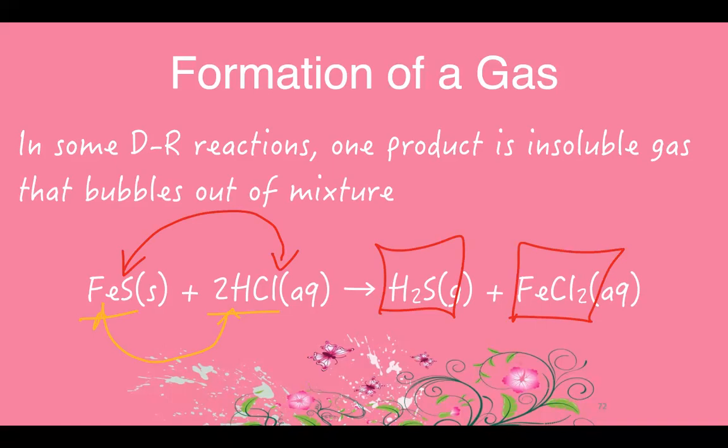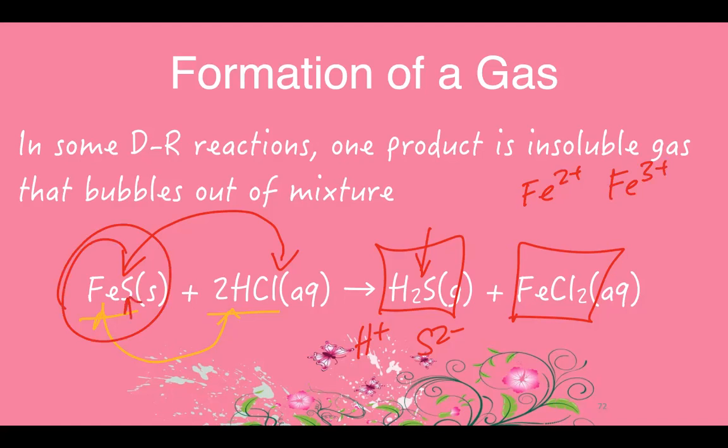Because of charges, hydrogen is +1 and sulfur is -2. That's why it's H2S. With iron, it can be iron +2 or iron +3. Here, because it's with sulfur in a 1-to-1 ratio, and sulfur is -2, iron has to be +2. So that's why it's FeCl2.